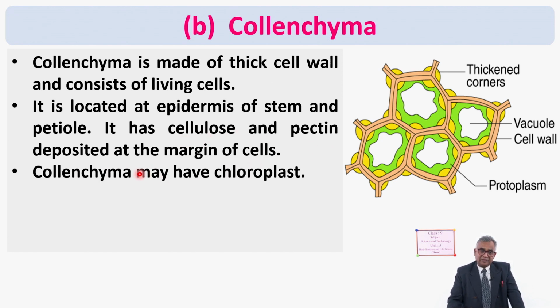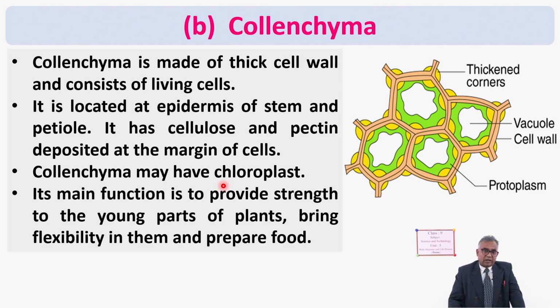So, that makes a thicker cell wall. Collenchyma may have chloroplast. Not necessary that it has. It may have. Yes. Next, its main function is to provide strength to the young parts of plants, bring flexibility in them, makes the plants flexible, and it also helps in preparation of food.